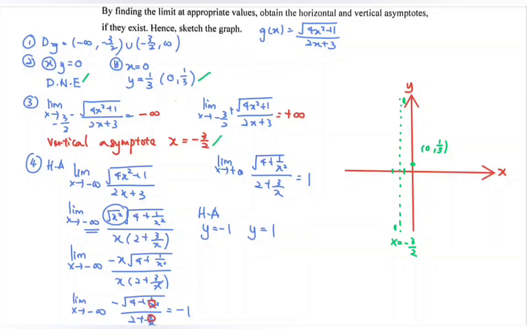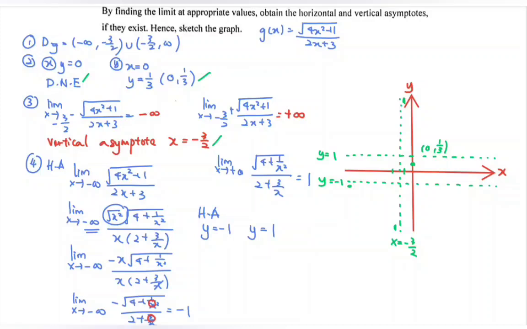When x approaches negative infinity, we will have y equal to negative 1, which is the horizontal asymptote. Another one, we have y equal to 1 as x moves to the right-hand side or positive infinity. By referring to the calculator, if we substitute x equal to negative 50, we notice that we have a value which is lower than negative 1.